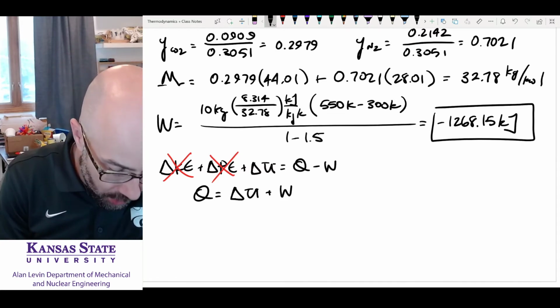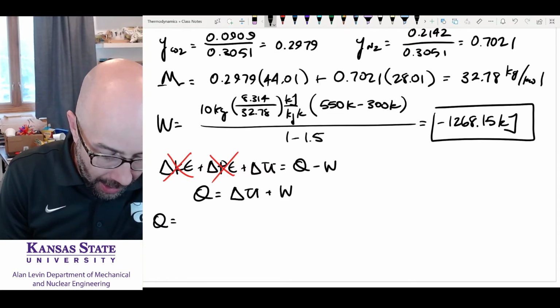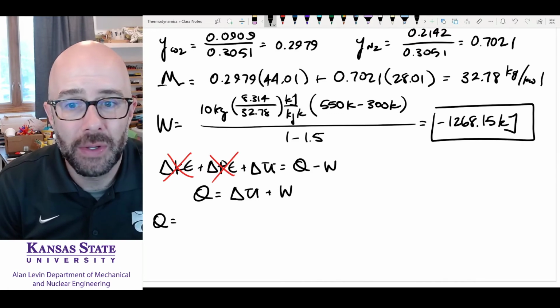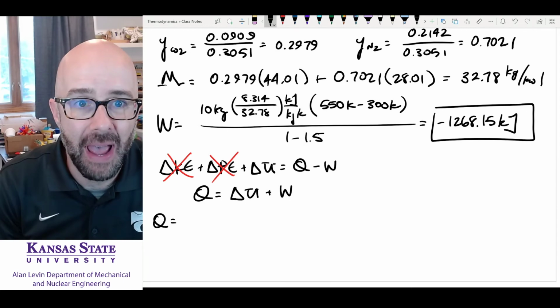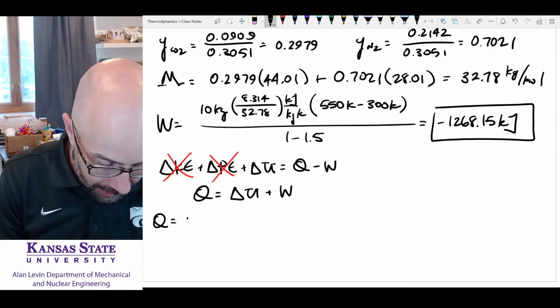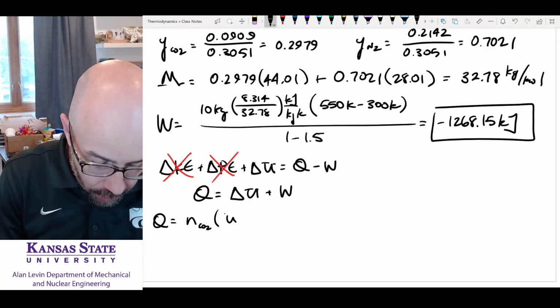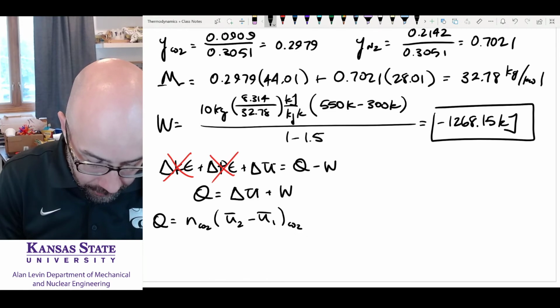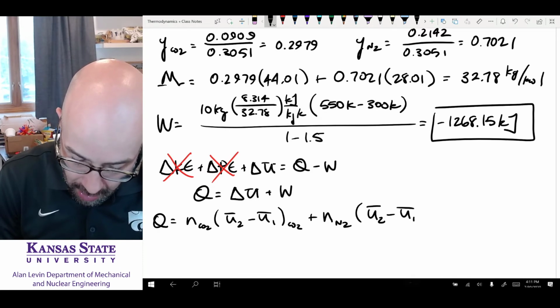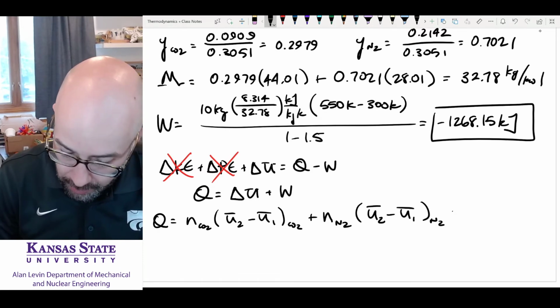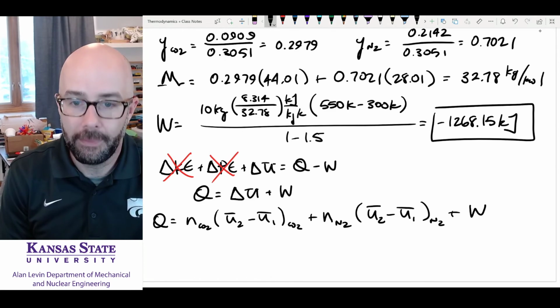Okay, so Q is going to be equal to, we can do this in moles or we can do this in mass. Now I'm going to go ahead and do this in moles and mass so you can understand this. That could be the number of moles of my carbon dioxide times U2 bar minus U1 bar of my carbon dioxide plus the number of moles of my nitrogen times U2 bar minus U1 bar of my nitrogen plus my W. I can do it that way.